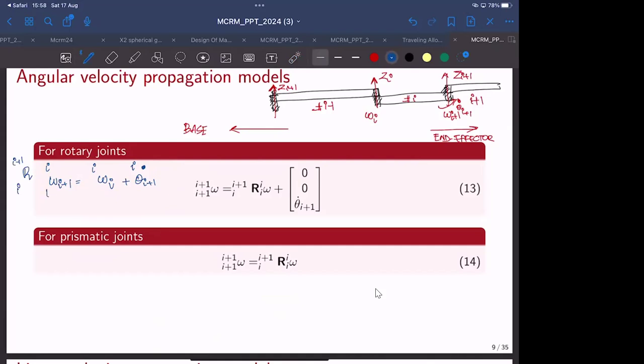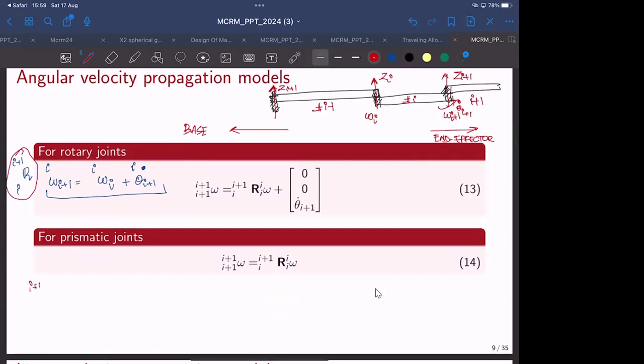So if I multiply this equation throughout with this rotation matrix, what will you get? You will get I plus 1 Ri multiplied by I omega I plus 1. This will be I plus 1 Ri I omega I plus I plus 1 Ri I theta I plus 1 dot.